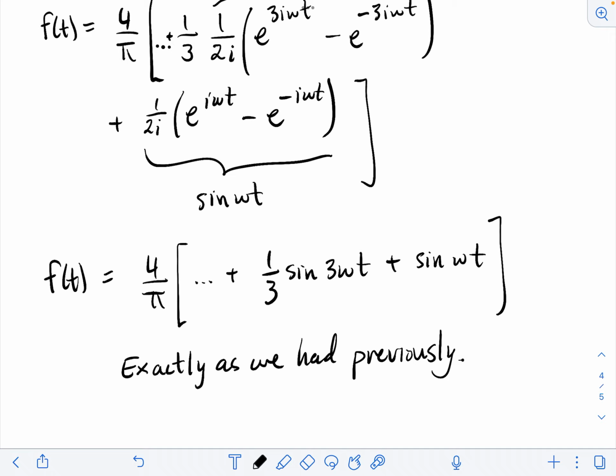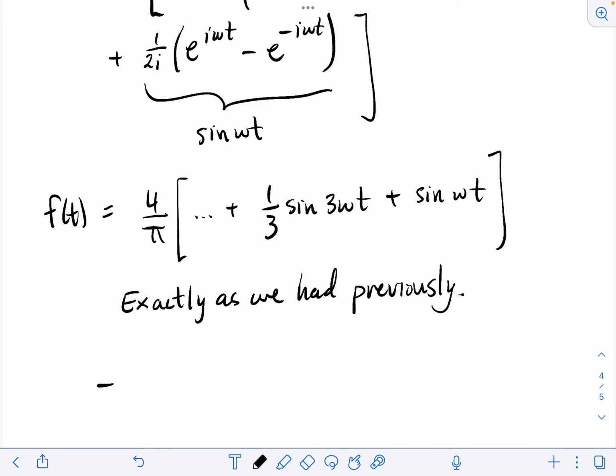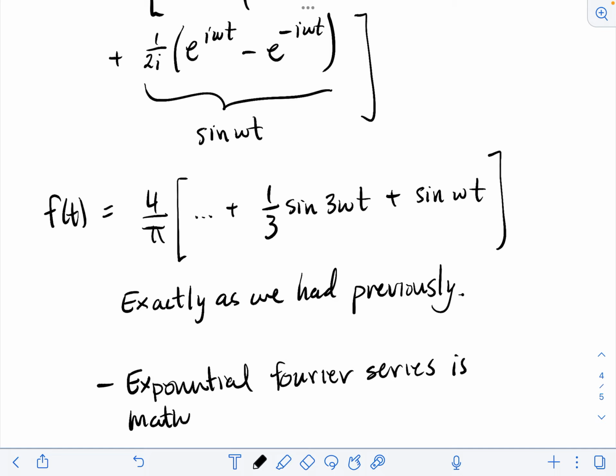Maybe just a couple of notes that we could make is that the exponential Fourier series is mathematically convenient because integrating the exponentials is always trivial, and we don't have a mixture of these sines and cosines with a separate infinite sum for each of those series.